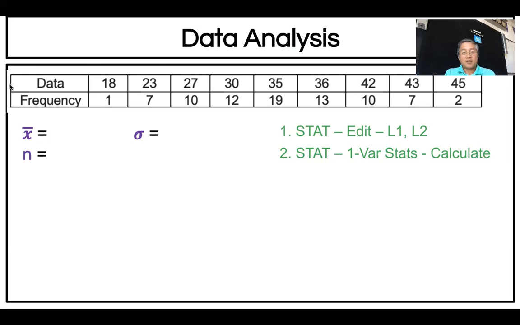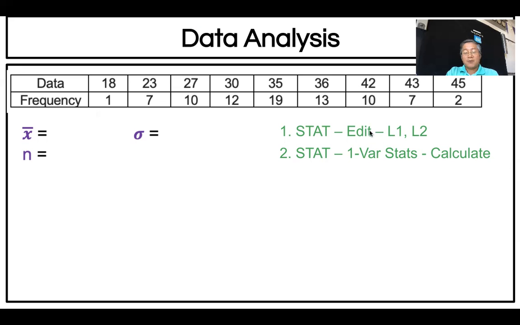So that's how we use this frequency table. Then how do we use it to get the mean, standard deviation, and all the data? N is the number of data. How many are there? You could add them all and figure out how many, but when you put this in the calculator, you can just find out how many there are too. So how do you do it? There's a step. First, stat, edit.